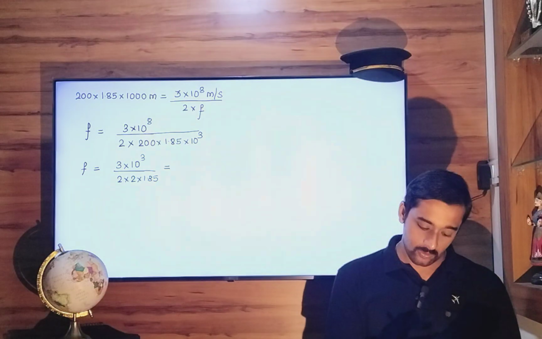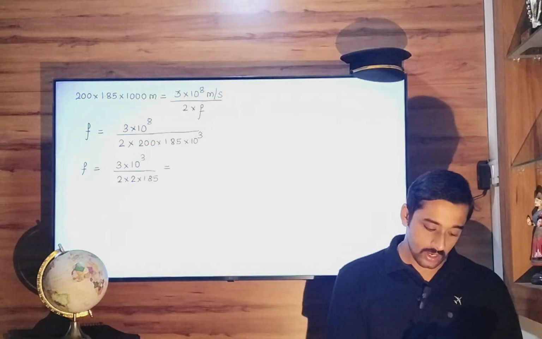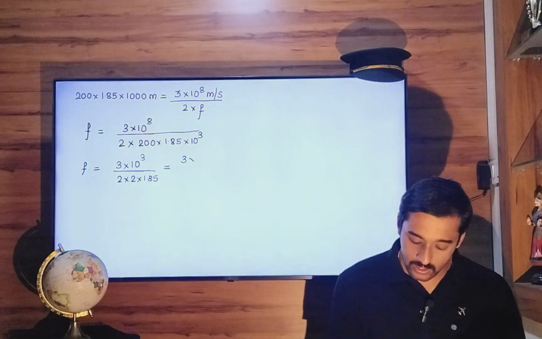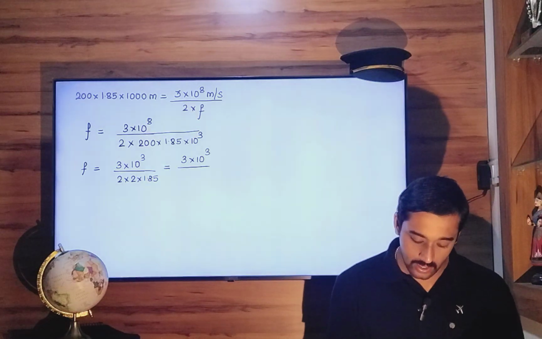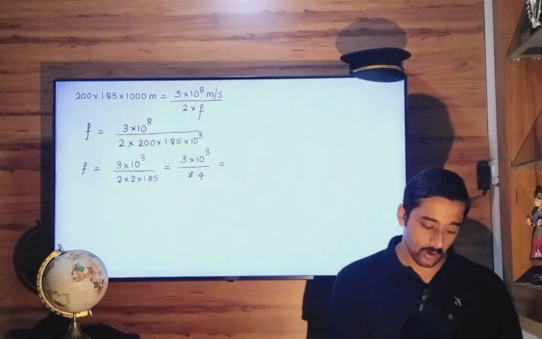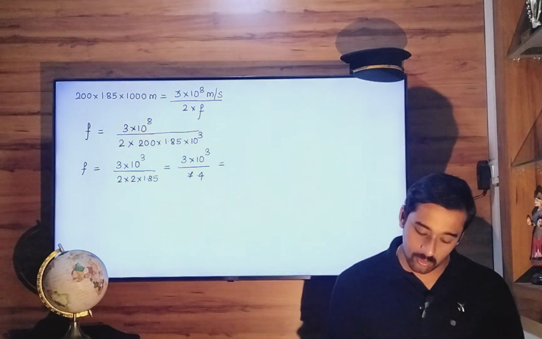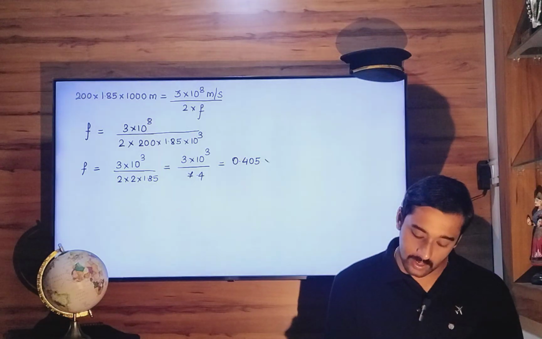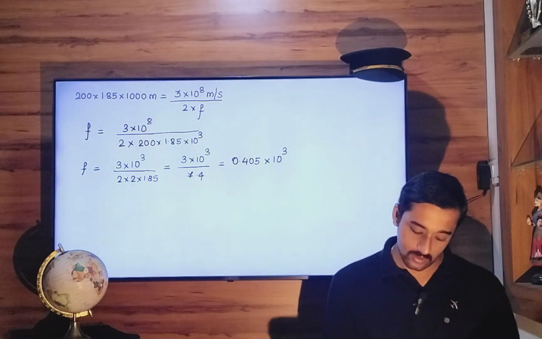So 4 into 1.85, 7.4. 3 into 10 raised to 3 divided by 7.4. So 3 divided by 7.4 is 0.405 something multiplied by 10 raised to 3.